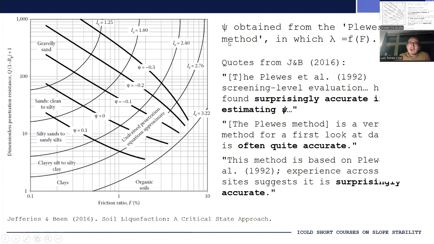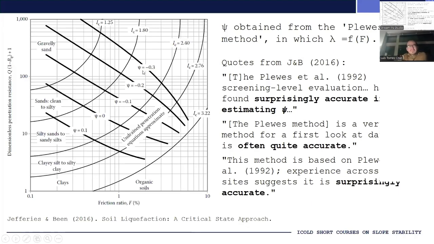So if you follow the Plewes method, you can plot contour lines of the state parameter on this chart. Meaning that if you have your CPT data and you can calculate this Q prime and your F, then you can also calculate the state parameter of that soil.